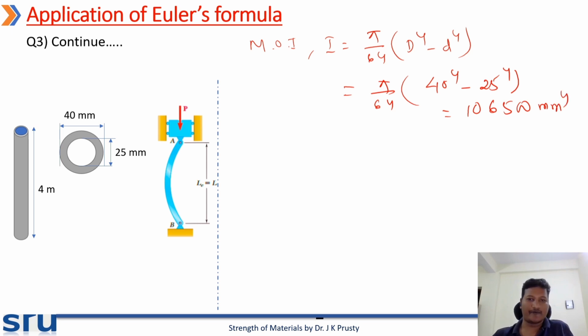So now if we put all these values, the E we have calculated and the equivalent length we have calculated, now the moment of inertia is calculated.